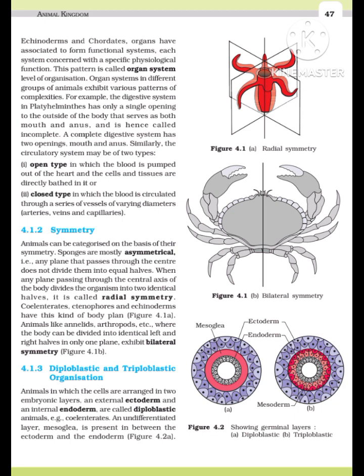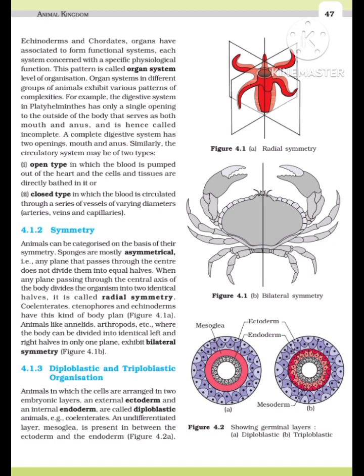Coelenterates, ctenophores, and echinoderms have this kind of body plan. Figure 4.1a. Animals like annelids, arthropods, etc., where the body can be divided into identical left and right halves in only one plane, exhibit bilateral symmetry. Figure 4.1b.